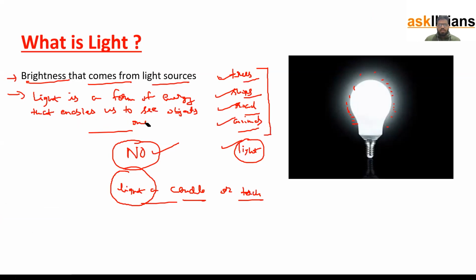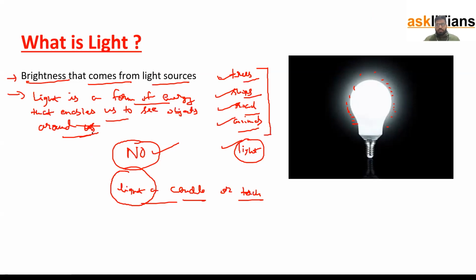So whatever objects are present around us, we are able to see them due to the light. Okay, clear? So this is the basic definition of light, that light is a form of energy that enables us to see objects around us. So what was happening in the daytime?